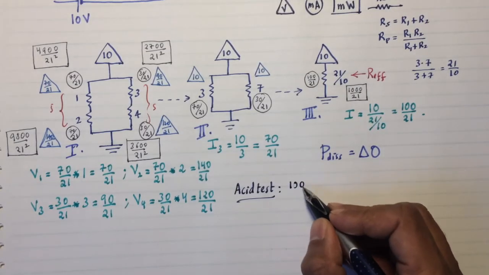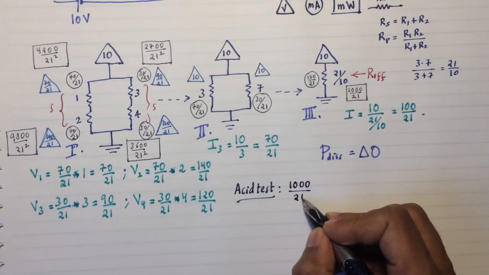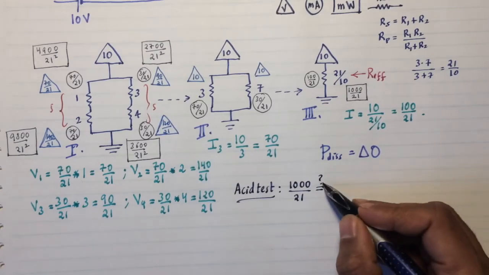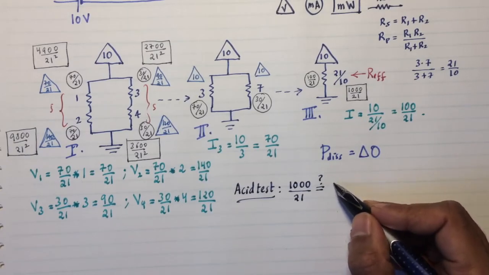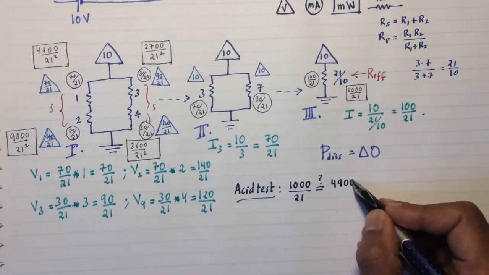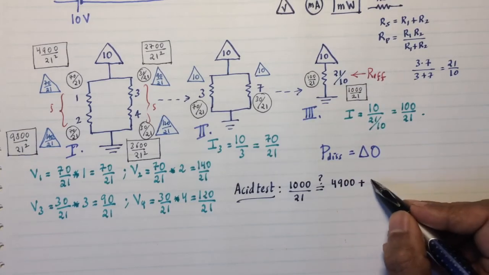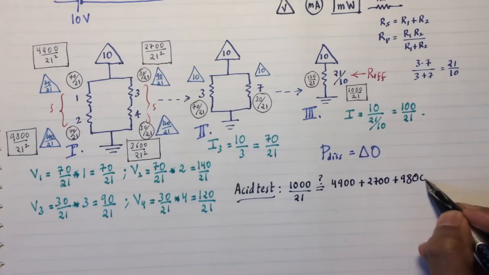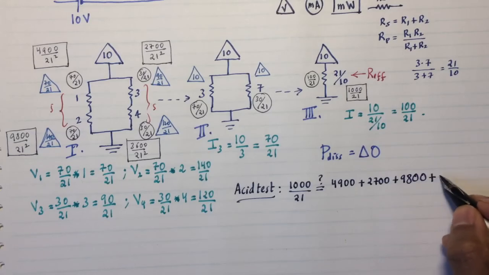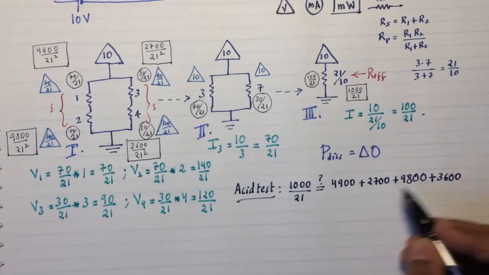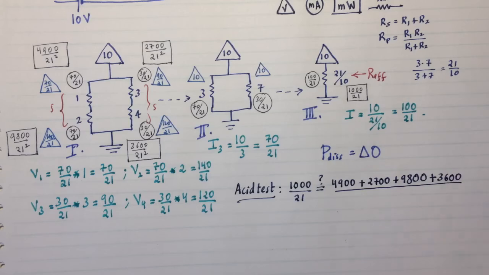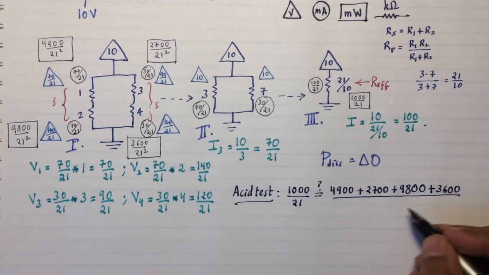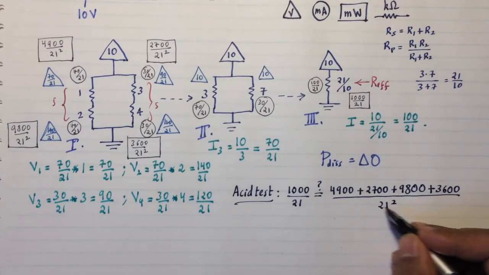So is 1000 over 21 the same or not of 4900 plus 2700 plus 9800 plus 3600 divided by 21 squared.